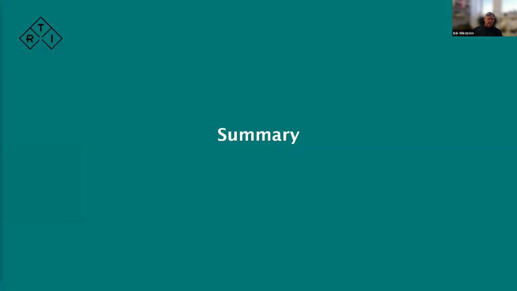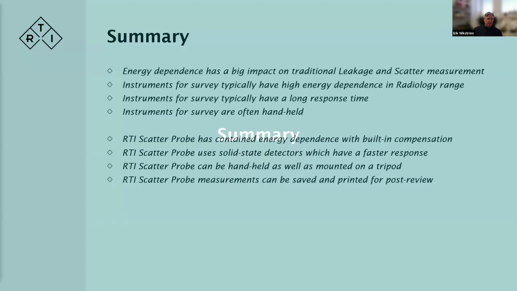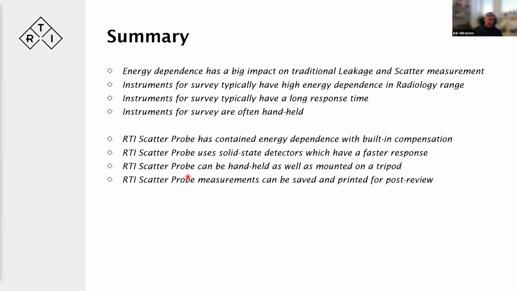So just to summarize what we've spoken about here, scatter and leakage measurement is quite important. It's necessary to be done. It's required by many regulatory bodies. But we need to keep in mind that energy dependence has a big impact on traditional leakage and scatter measurement instruments.